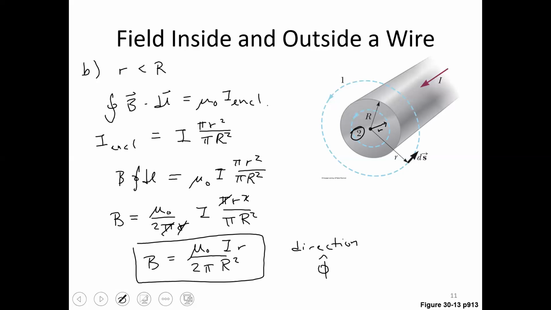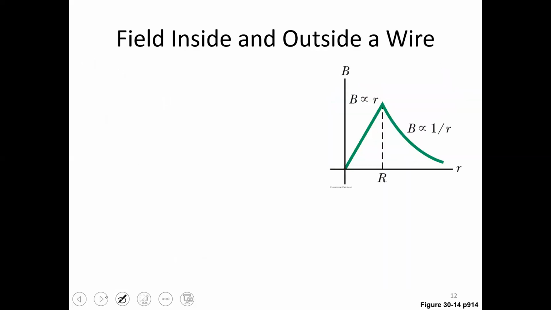Right, so that's kind of interesting. We could even graph that. If we look at our equations here where we're inside the wire, mu 0, I, and 2 pi R squared are all constants, and then r is the thing that's changing.